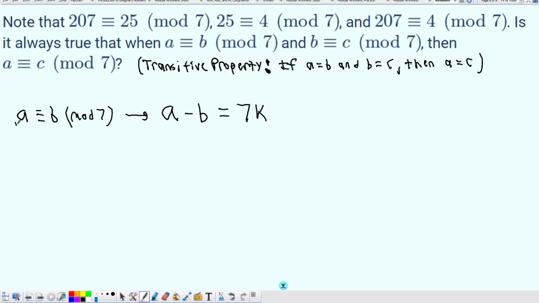So once I assume that this is true, I already know that the next part is true. And I am going to assume that B is congruent to C mod 7.